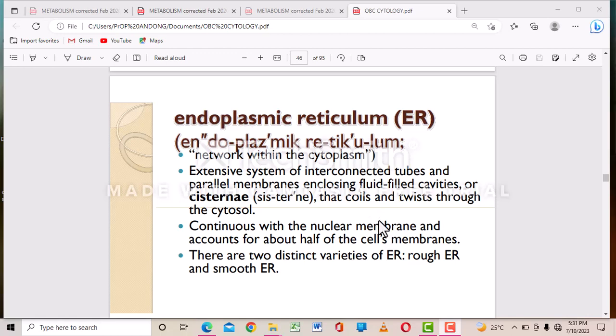Now, based on the presence or the absence of ribosomes bound to the endoplasmic reticulum, the endoplasmic reticulum can be divided into two. That is rough endoplasmic reticulum, that is those that contain ribosomes, and smooth endoplasmic reticulum, those that lack ribosomes. Now, these different types of endoplasmic reticulum have their different functions.